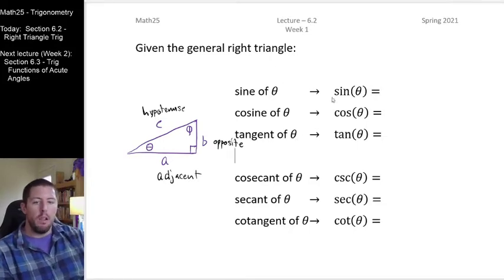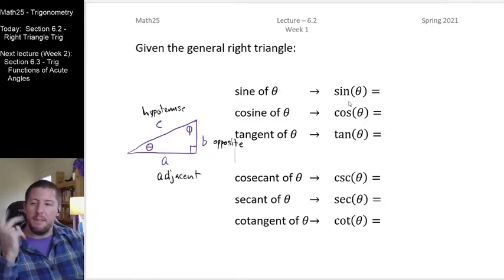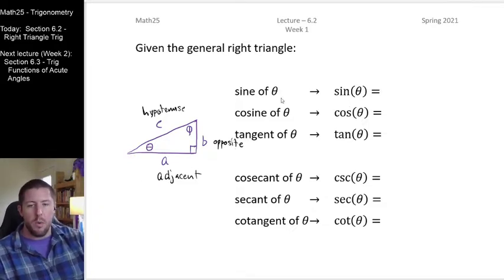So all of these definitions, these 6 different functions that we want to describe, are just going to be 6 different fractions of each of these 3 quantities over here. Sine is going to be the opposite side length divided by the hypotenuse. In our diagram here, that's B divided by C. But that will change, the B and the C. The opposite over hypotenuse will remain.